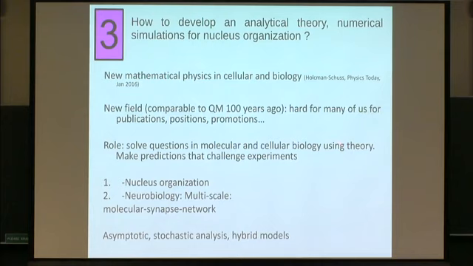Now, I would say that this is more or less like what quantum mechanics was 100 years ago. We have new phenomenology. We don't know what the equation is, like what is the Schrödinger equation of biology today is not clear.